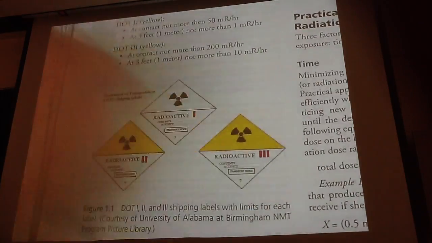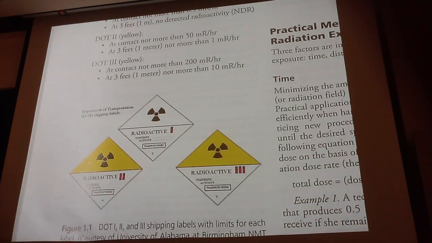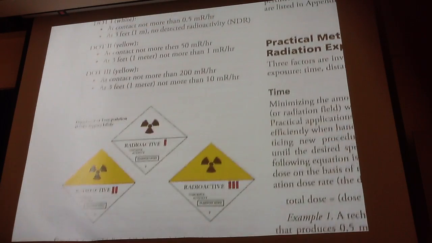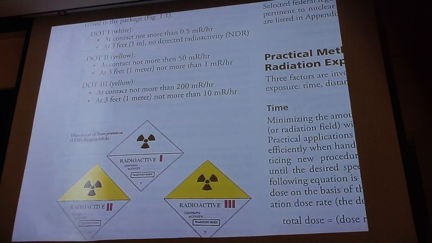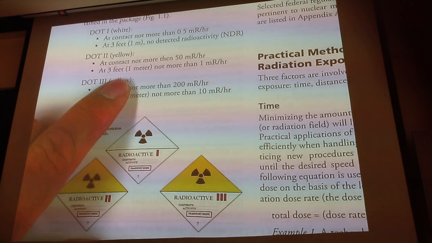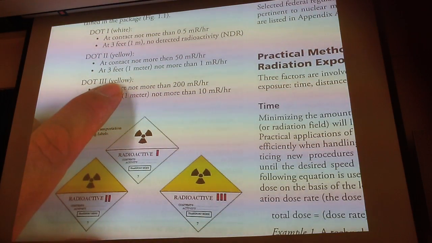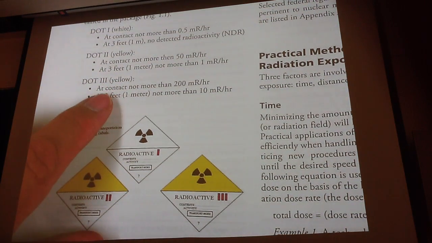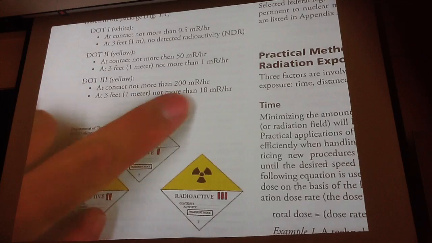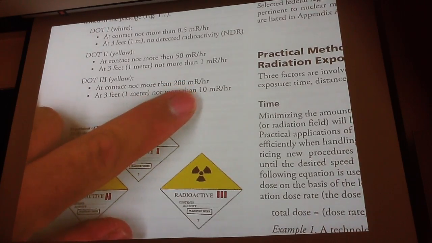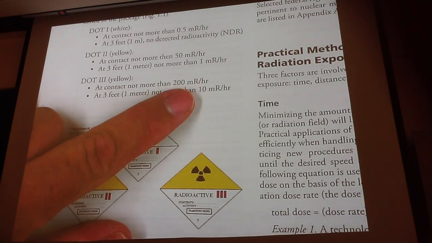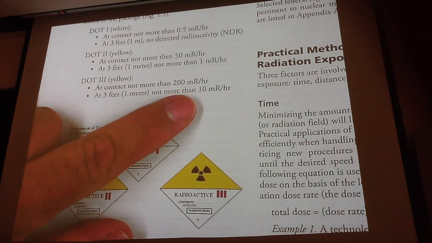But here's, you need to recognize these labels too, okay? So notice 50 MR per hour and 1 MR at 1 meter. And you should never have anything more than these levels here. This is the maximum for anything, regardless of what you ship.